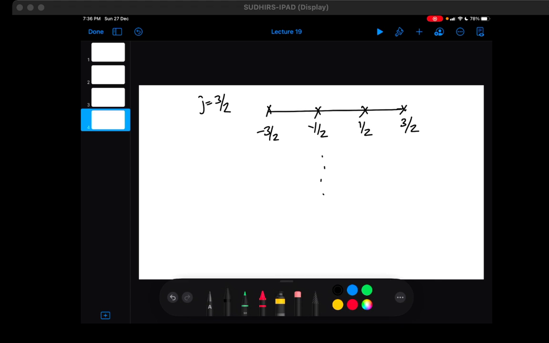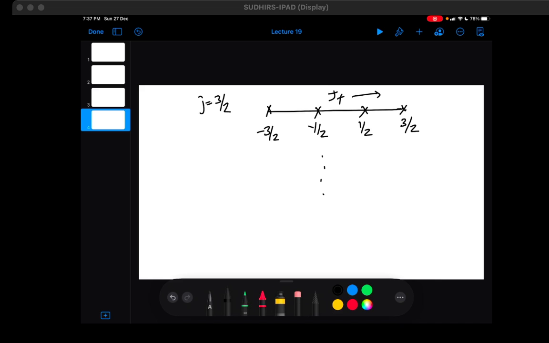the advantage of this graphical representation is that you have the raising and lowering operators, say for example j plus minus, which move along this line. So j plus, acting on this line, will keep jumping from one point to another, and j minus will keep jumping from another point to another.